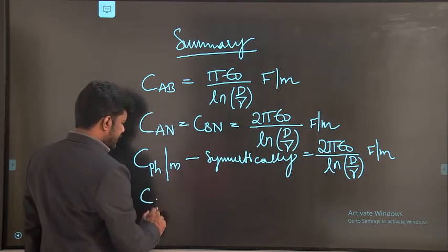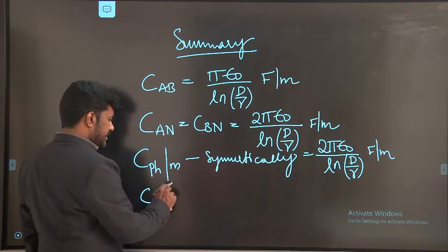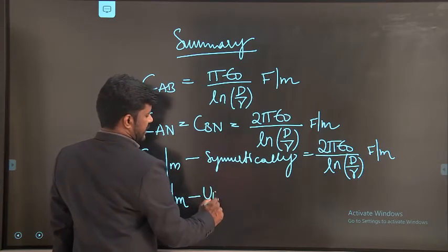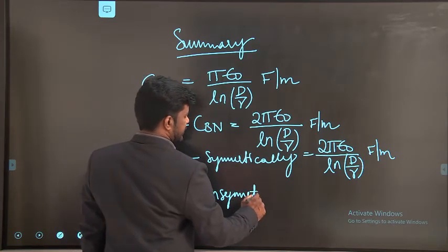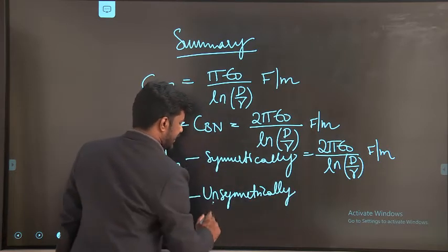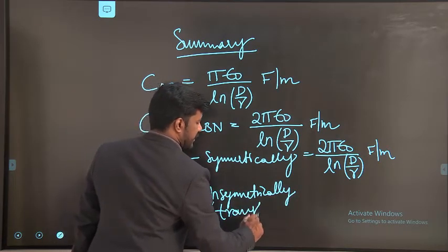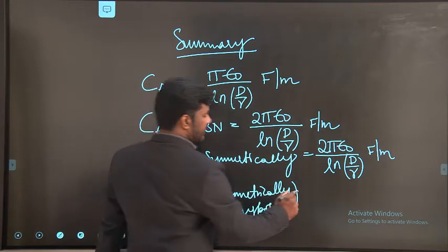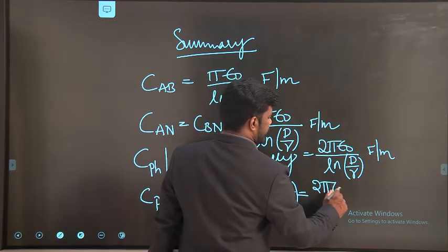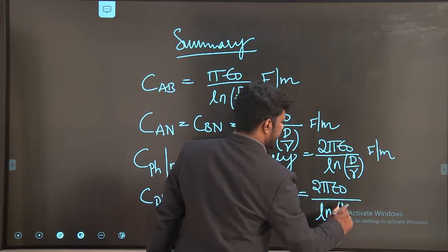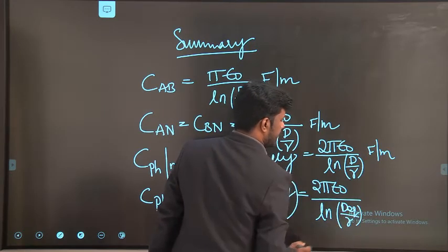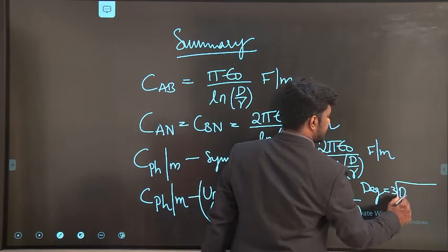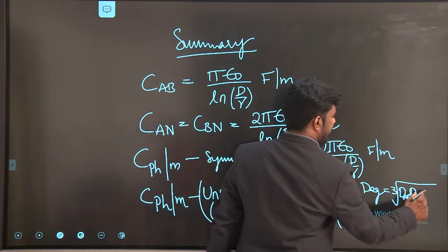And next, in today's class we have seen the capacitance per phase per meter length for unsymmetrically spaced conductors, but all these three conductors are transposed. This is important. Whenever it becomes a transposed line, you can use the formula 2 pi epsilon naught divided by ln of D equivalent by R, where D equivalent is equal to cube root of the possible distances DAB, DBC and DCA.